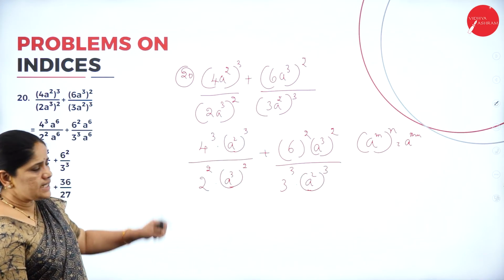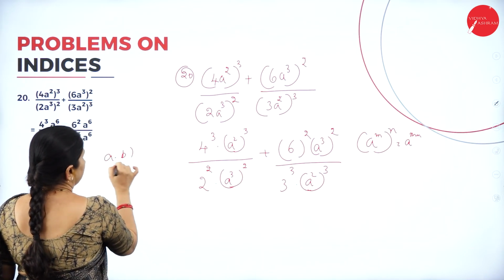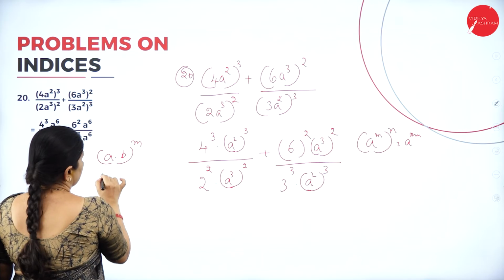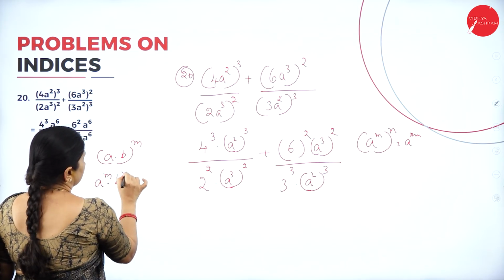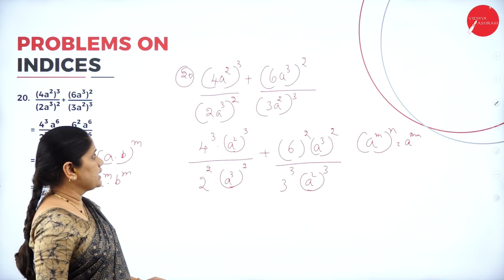Now, this is based on which law? So, (ab) to the power m equals a to the power of m into b to the power of m. So, I am using this law here.